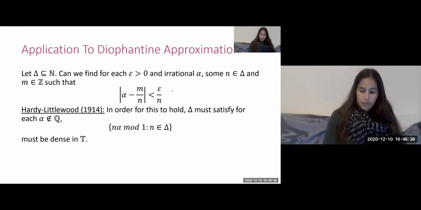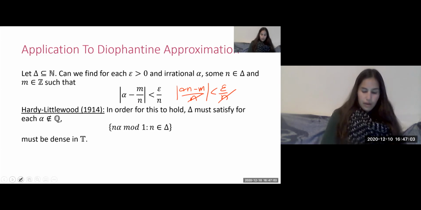If I would rewrite this by doing a common denominator, I would get alpha n minus m divided by n is less than epsilon divided by n. Now we can cross out these n's, and then this just says that n alpha is close to an integer up to epsilon. That is, for every alpha, this set here is going to be dense.